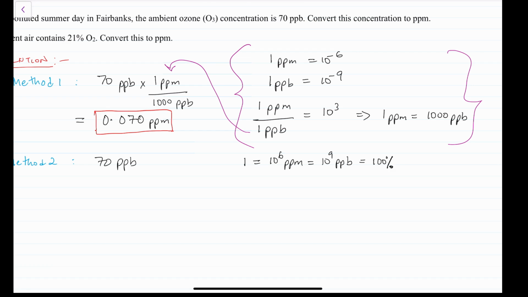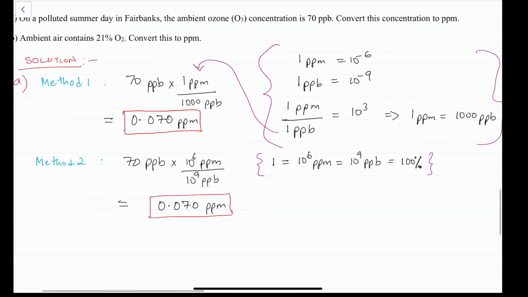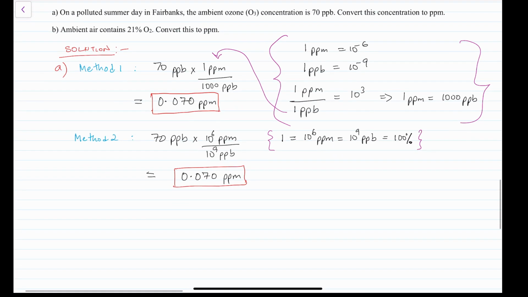So if we use this relationship, so we multiply and divide by 1, so 10 to the power 6 ppm divided by 10 to the power 9 ppb, and that would give us the same answer again. And it should, right? There's no reason it should not. So this is again doing the same thing. It's just the way of thinking. There's two ways of thinking about it.